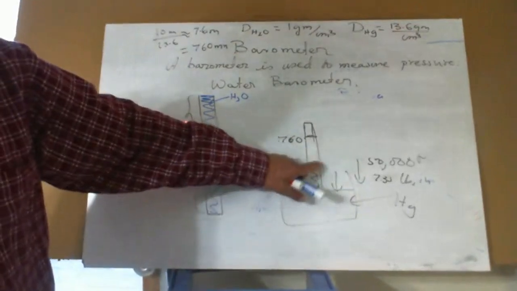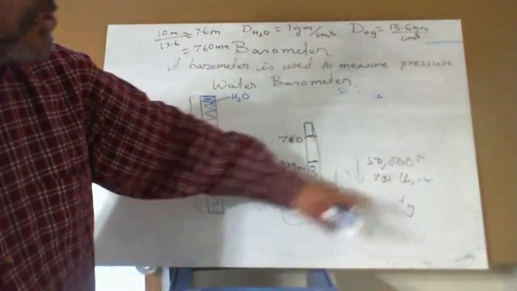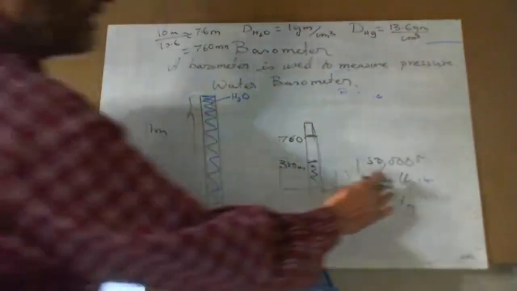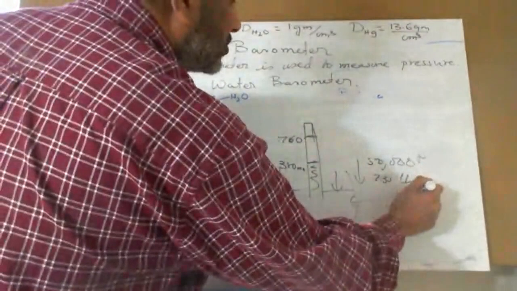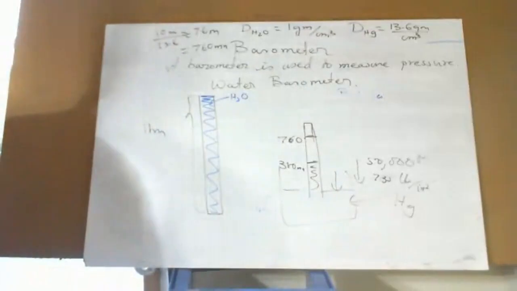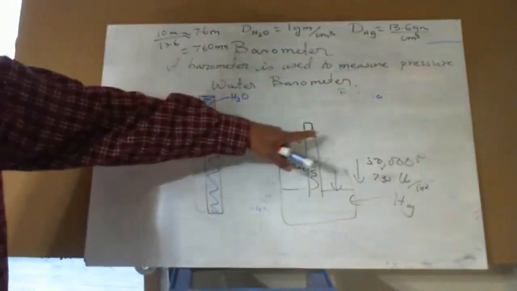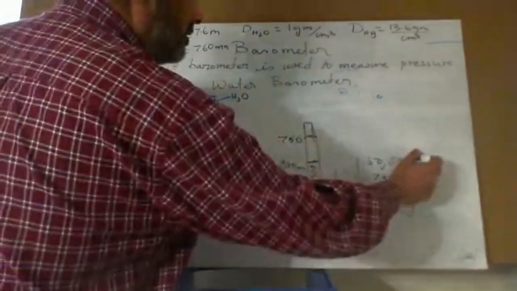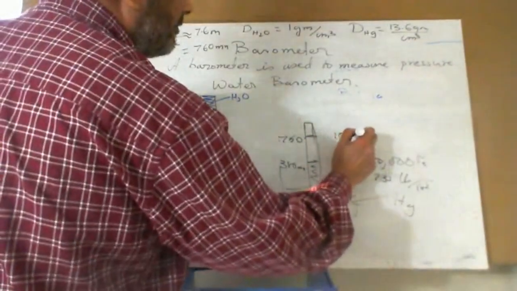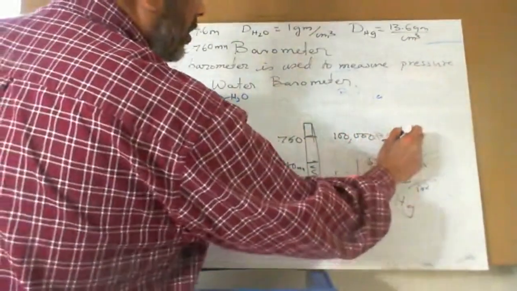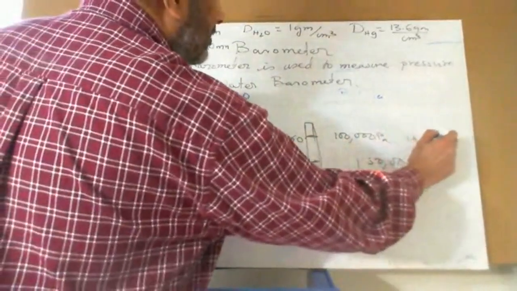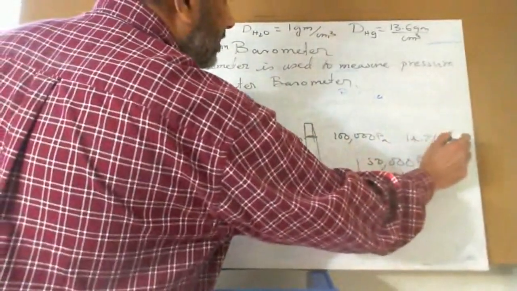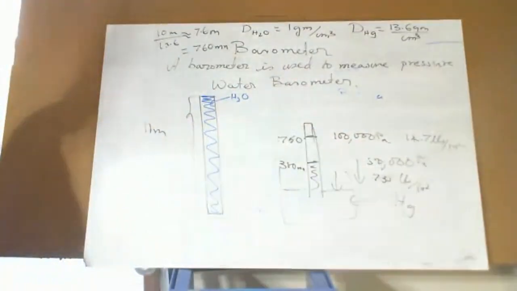If it's 380, the pressure outside is 50,000 or 7.35 pounds per square inch. If it is 760, the pressure outside is 100,000 pascals, or 14.7 pounds per square inch.